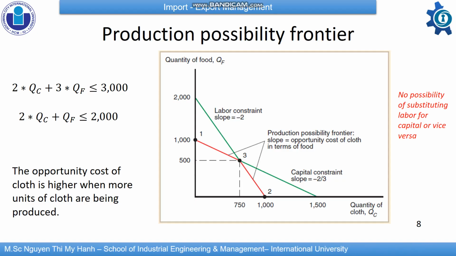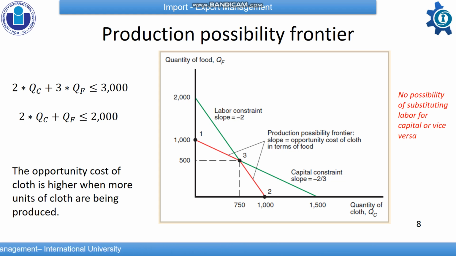We can see the red line here is the PPF, and the opportunity cost of cloth to food is not a constant because the line is kinked here.